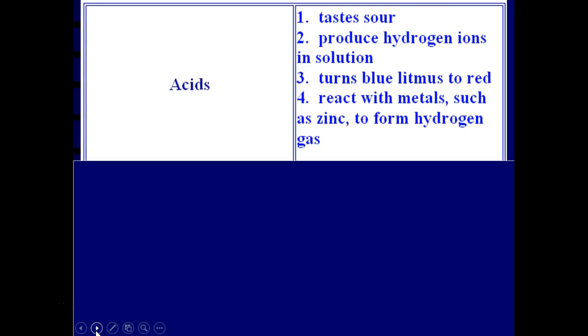A great example of that is powdered zinc. If you take, for example, hydrochloric acid and mix it with powdered zinc, it will bubble and foam and release hydrogen gas. And because the hydrogen ions and the negative ions are incredibly reactive, we often find that acids are quite corrosive.